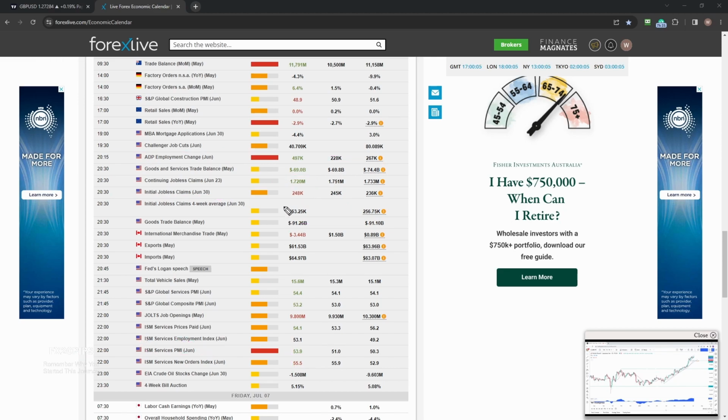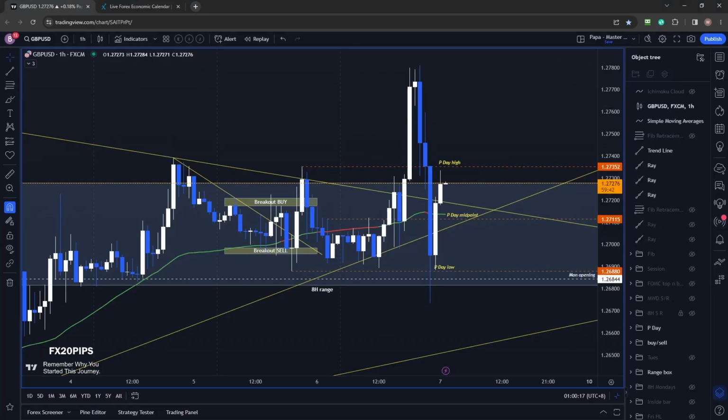Okay, so what I'm trying to say is the US news forces the candle to go down, like here, 8, 9, 10 o'clock. So from 11 onwards, the market has already absorbed the news, so now it's slowly going back up.